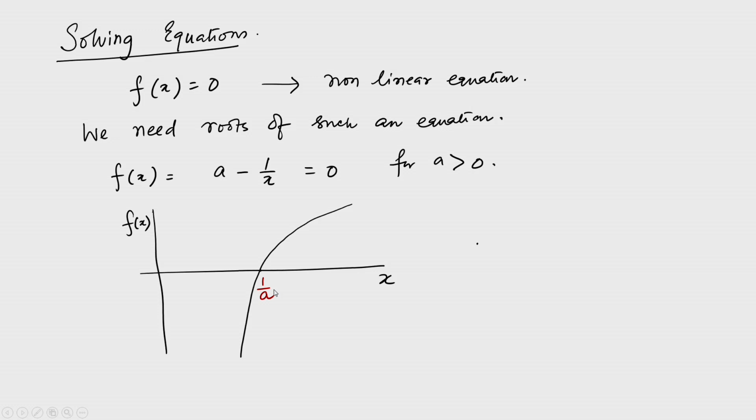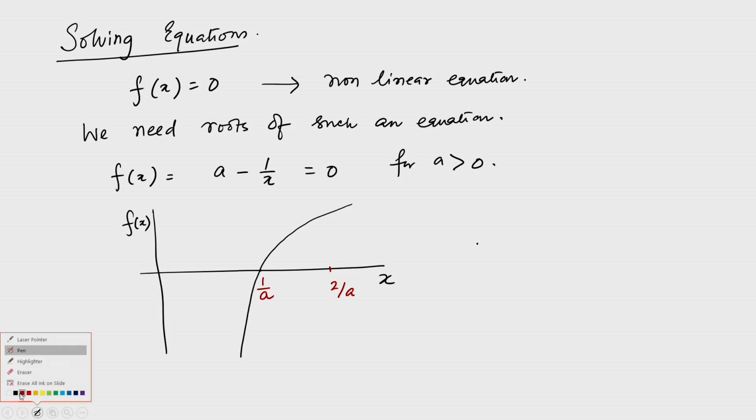So, at 1 over a there is the crossing point, and say this is 2 over a and things like that. But we do not know the solution of this, that is the assumption. Of course, we know here, but let us assume that we do not know the solution.